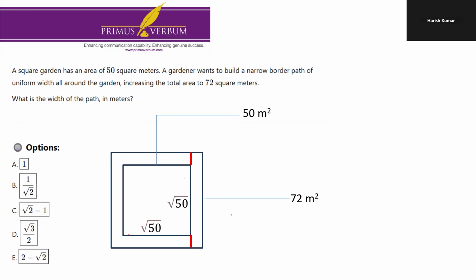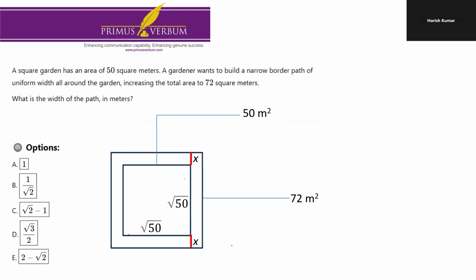Now that we know that the total area is 72 meters square, we are asked what is the width of the path? That is, the value of x. Here, the width of the path is denoted by the variable x, and we are asked the value of that width.